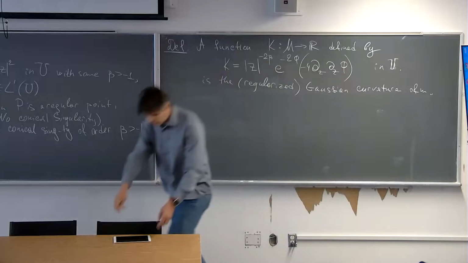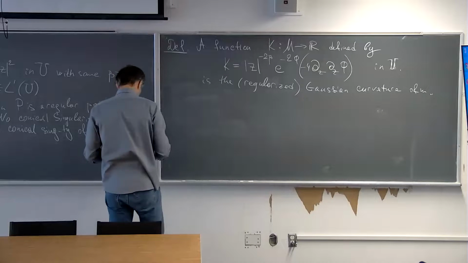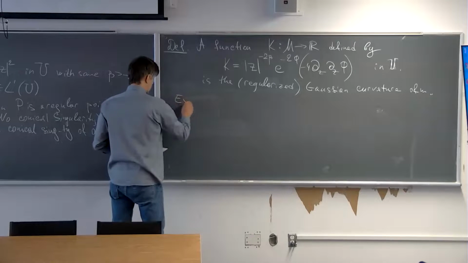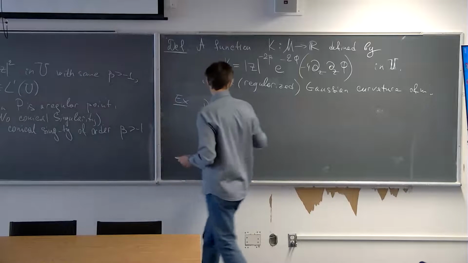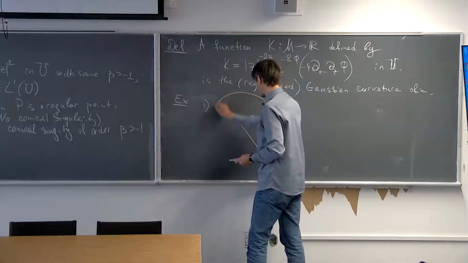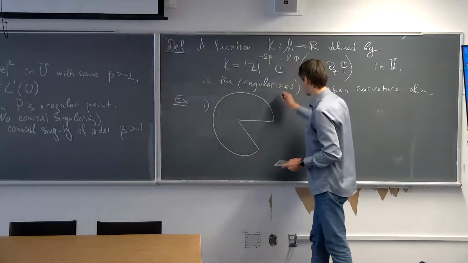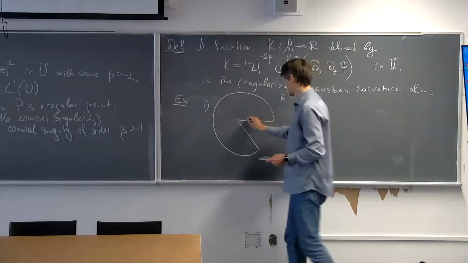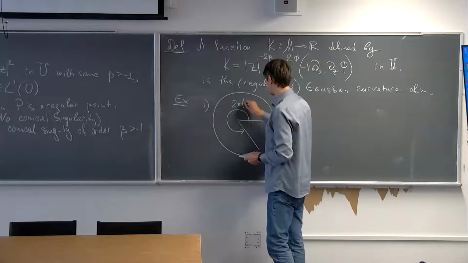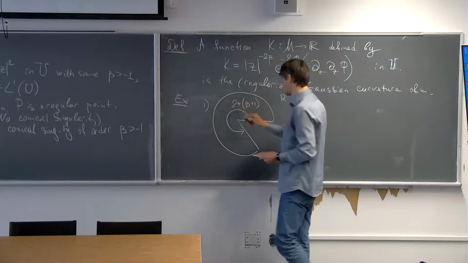Okay, so those are the things I'm using. So for example, the first one, if we simply take this sector in the Euclidean plane, so R2, and this angle is pi times beta plus 1.